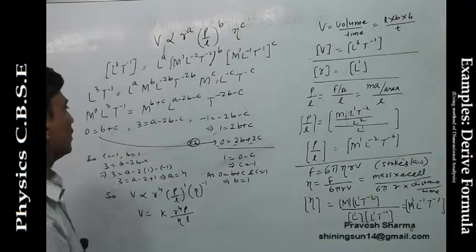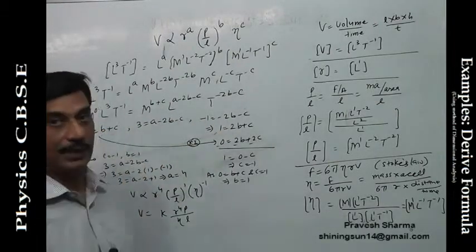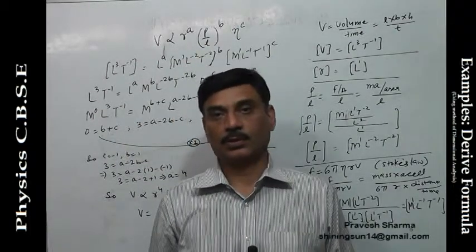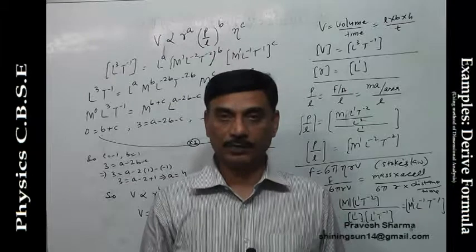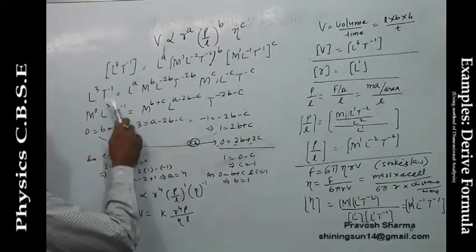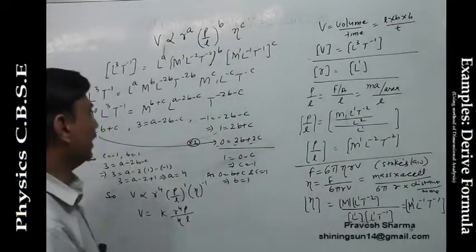The next step is, because this equation has to be dimensionally correct, by the principle of homogeneity the dimensions of LHS should be that of RHS. So we equate the powers of M, L and T on this side with the powers of M, L and T on that side individually.